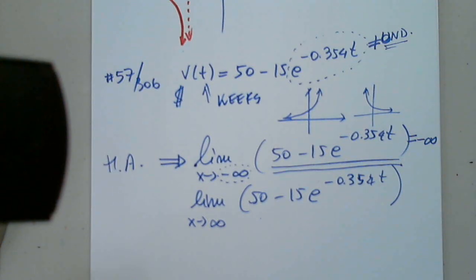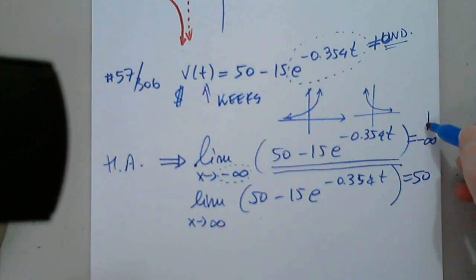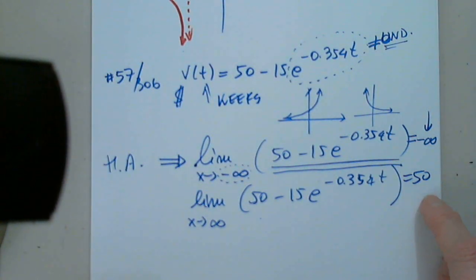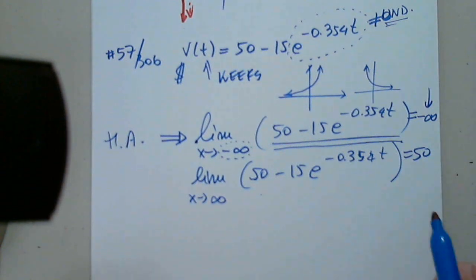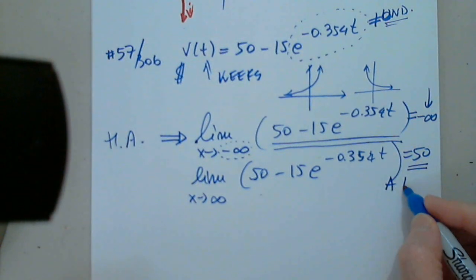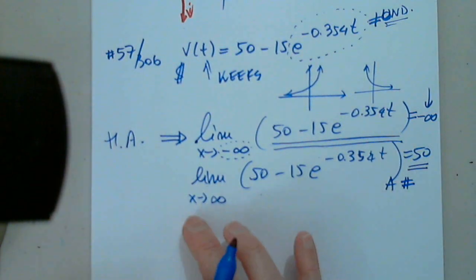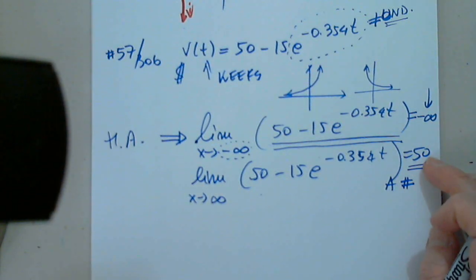Positive infinity? Careful. When we plugged in 400, we got 50. When we plugged in 1,000, we got 50. When we plug in 10,000, 50. Very good. Since this is a number, this is not a number. Since this is a number, what do we conclude? The limit as x approaches infinity, I got a number.